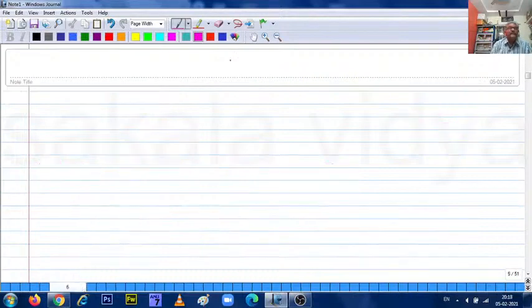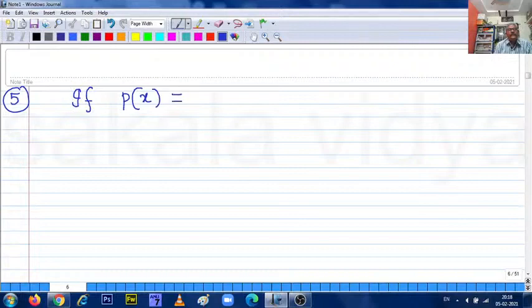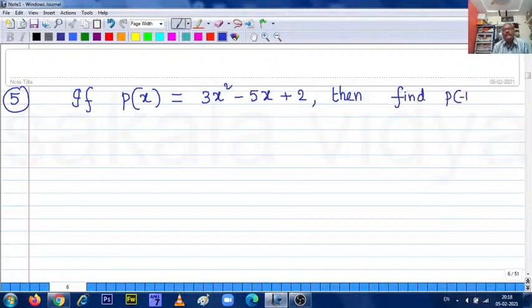So now the fifth question. If p of x equals 3x square minus 5x plus 2, then find p of minus 1 minus p of 1.